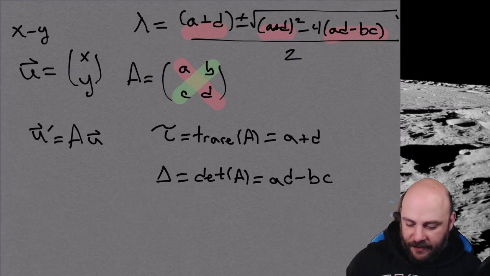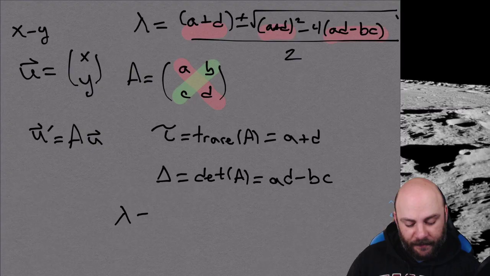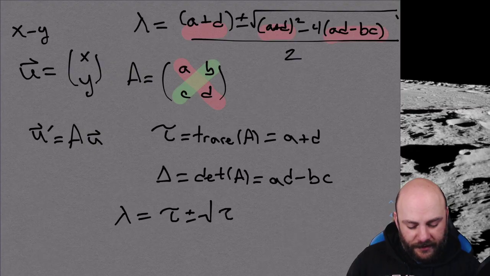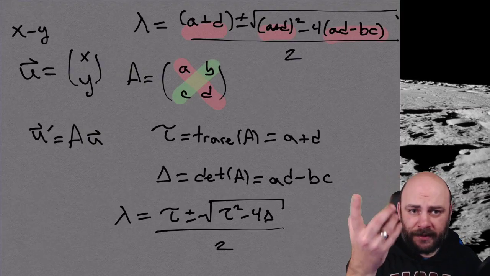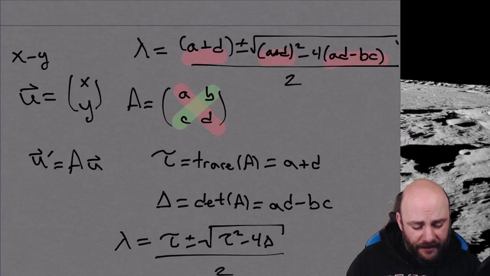And so in this case, just to phrase this in terms of matrices, lambda is equal to the trace plus or minus the square root of the trace squared minus 4 delta, all over 2. So now we have properties of the matrix. Because where did our lambdas come from previously?